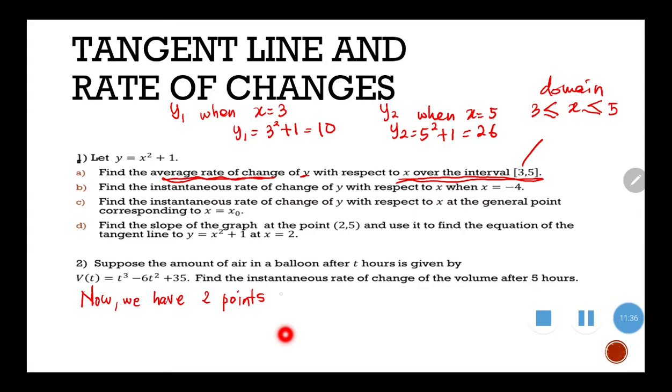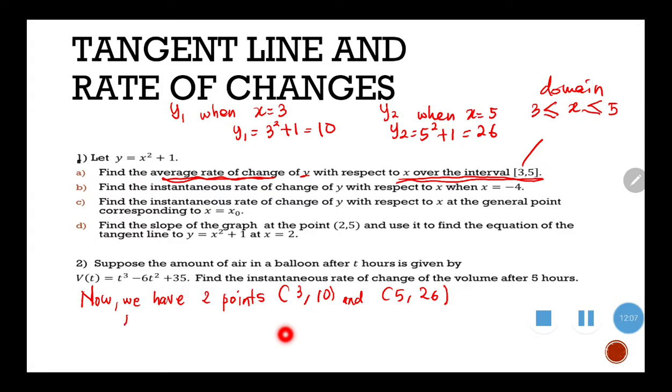When x is 3, y is 10, and x is 5, y is 26. So this enables us to find the average rate of change. Only now can we calculate the average rate of change.